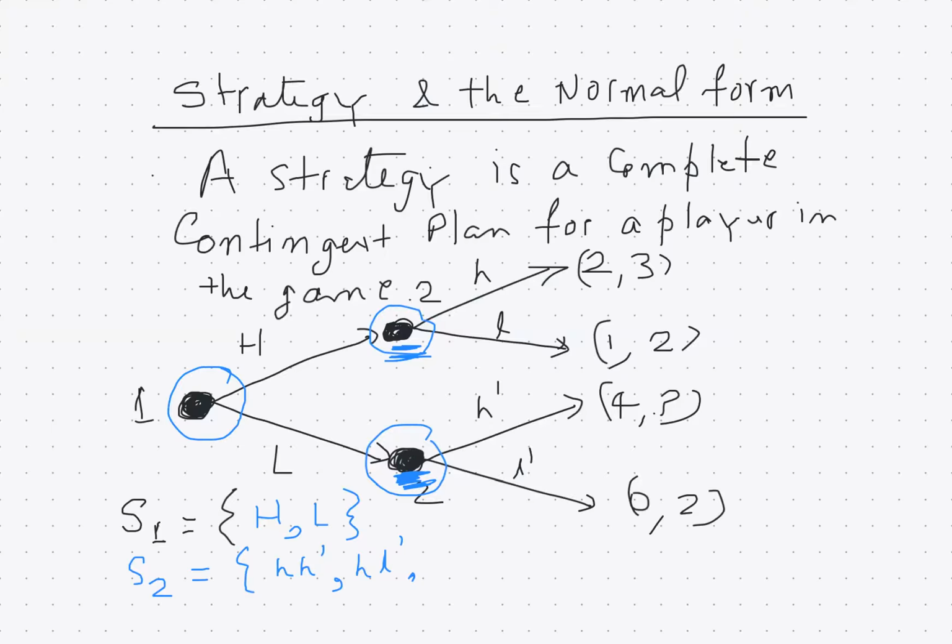So if player two chooses low price at the top decision node, so L, and says he'll choose high price at the bottom node, so H prime, and then L at the top and L prime at the bottom node. So that completes your strategy set for player two. So here in this game, player two has 4 strategies to play the game, and player one has only 2 strategies to play the game.